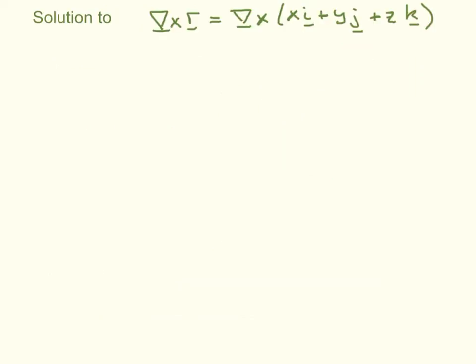So the next question was to calculate the curl of the position vector, and to do that we just recall our definition again that was written on the previous slide.